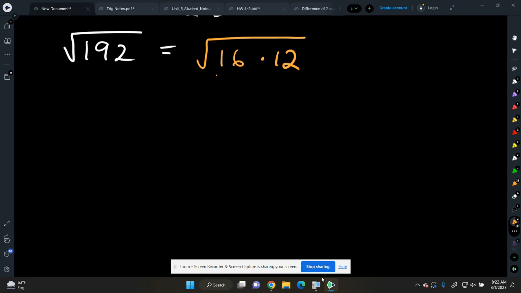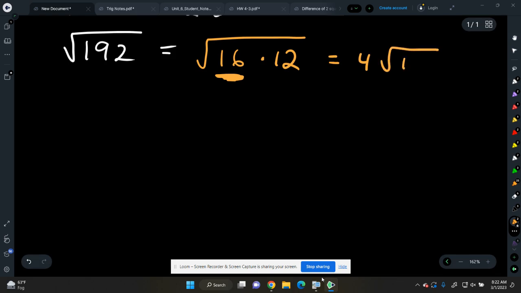Yeah, we know the square root of 16, right? That's why I'm making you memorize those perfect squares, so that you'll recognize this. What's the square root of 16? 4. So we get 4 times the square root of 12. Now let's do what Angel said, and let's factor this down. 12 is 3 times 4.